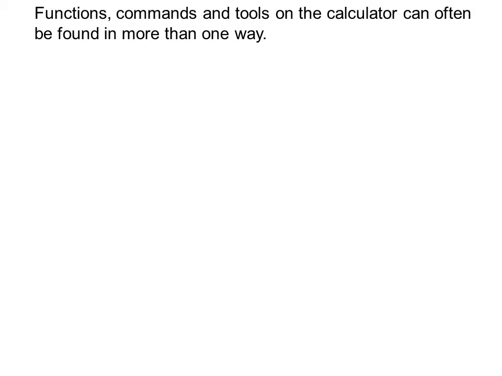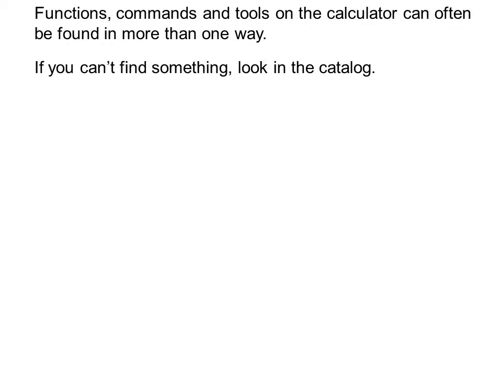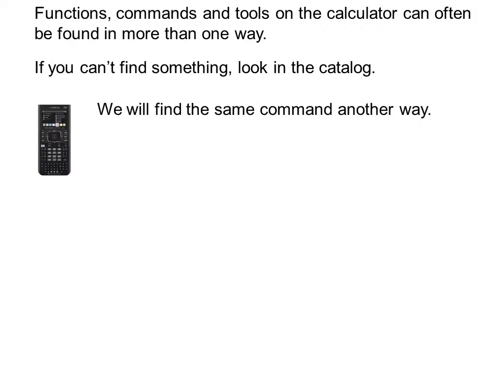Functions, commands, and tools in the calculator can often be found in more than one way. If you can't find something, look in the catalog. We will find the same command another way. Solve x equals x cubed minus 1 for x.